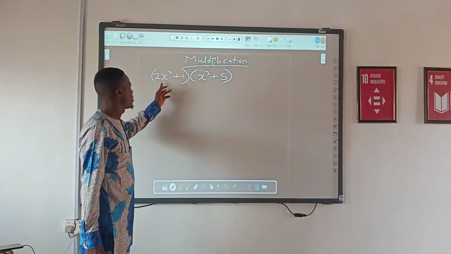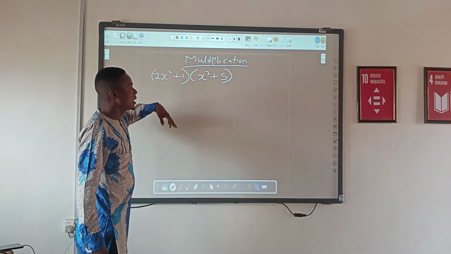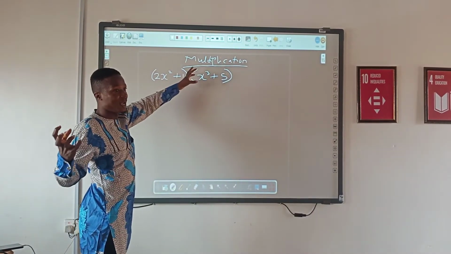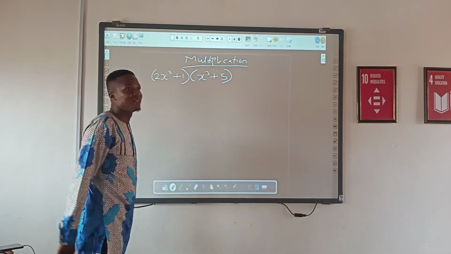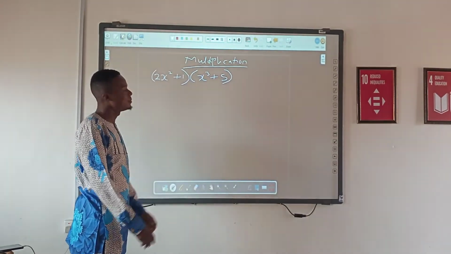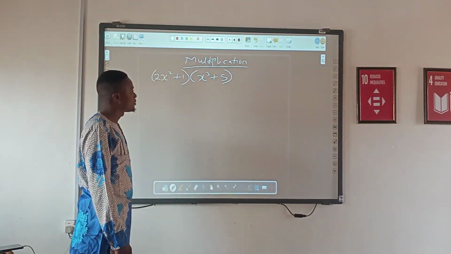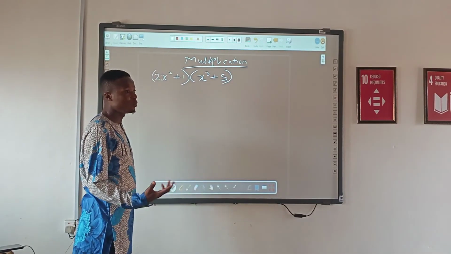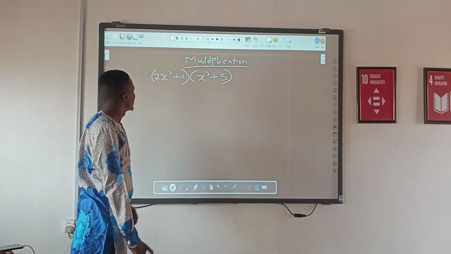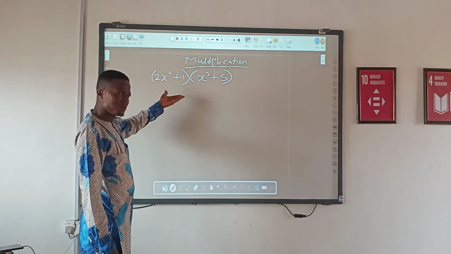You know, this is a polynomial, this is a polynomial, right? Yes. They can even give you that type we added and subtracted to multiply. It's still possible to multiply them. But I like starting from the simple problems to the what? Complex.